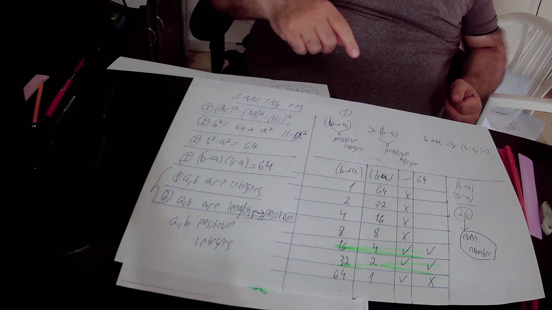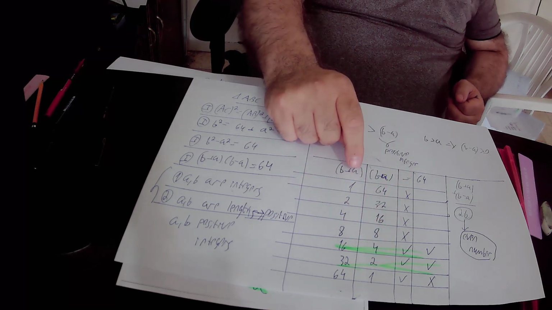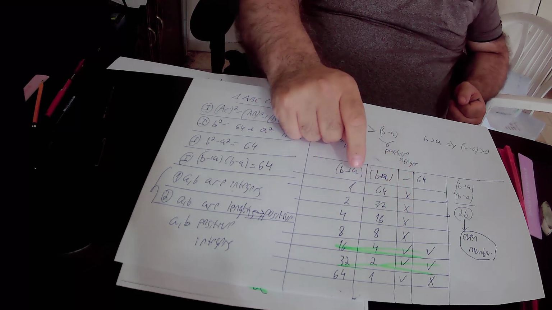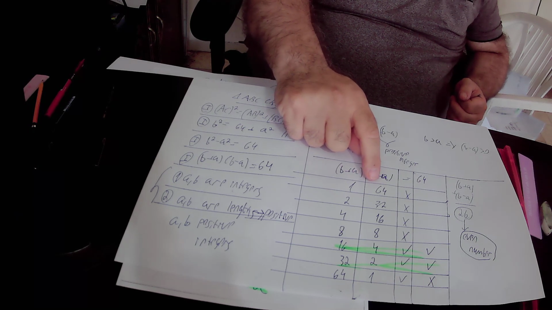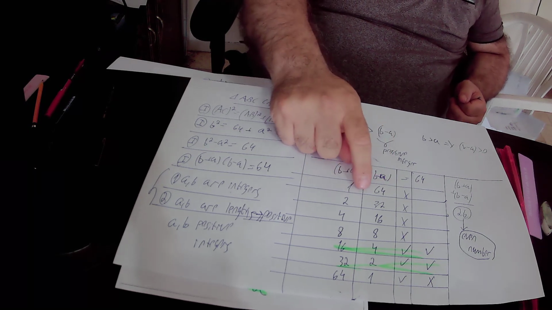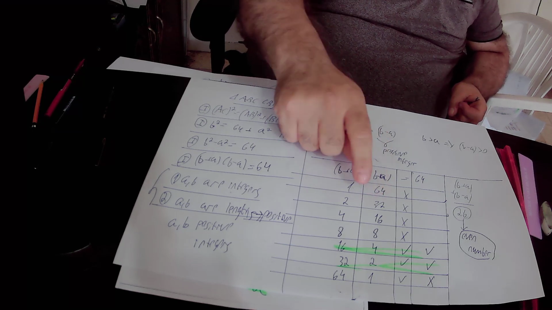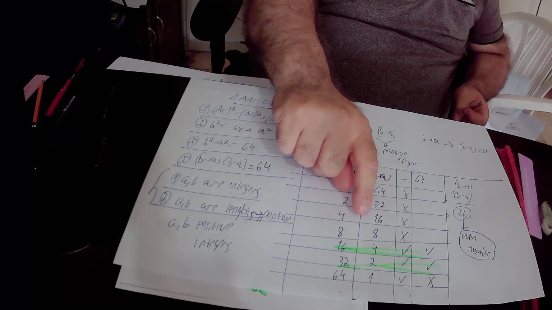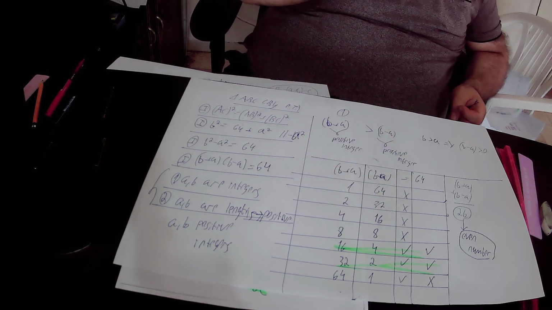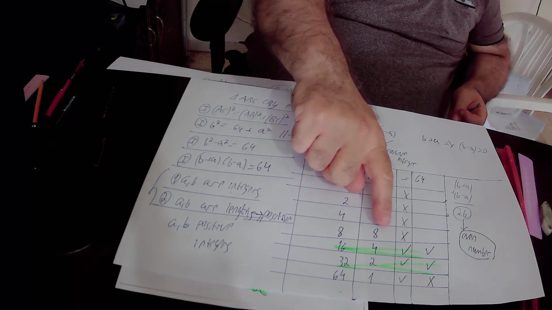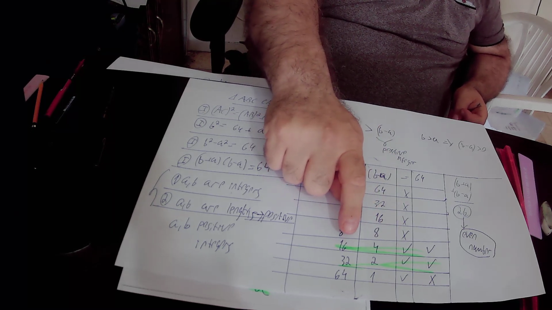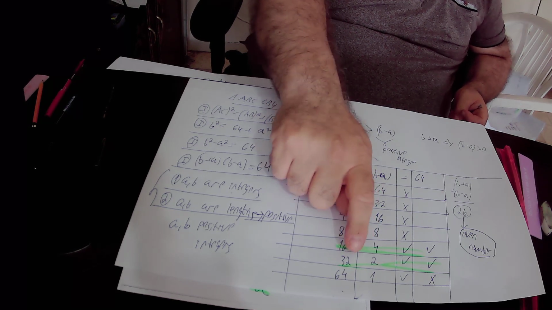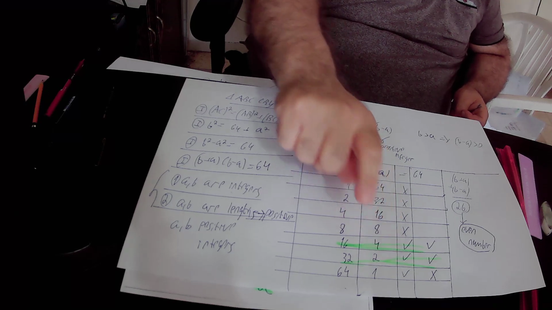So we will take only the options where the first column is greater than the second column. 1 is not greater than 64, so we cancel this option. 2 is not greater than 32, 4 is not greater than 16, and 8 is not greater than 8, so we cancel these too. 16 is greater than 4, this is a good solution. 32 is greater than 2, a good option. And 64 is greater than 1, it is also a good option.